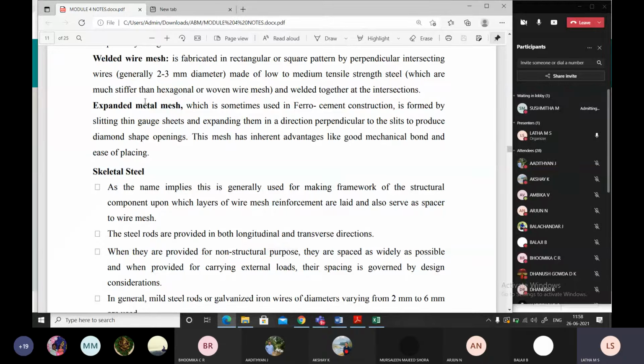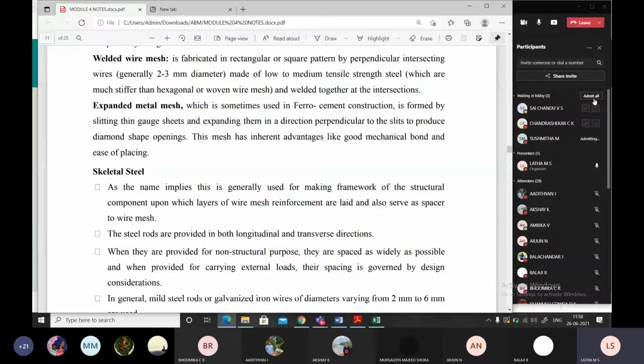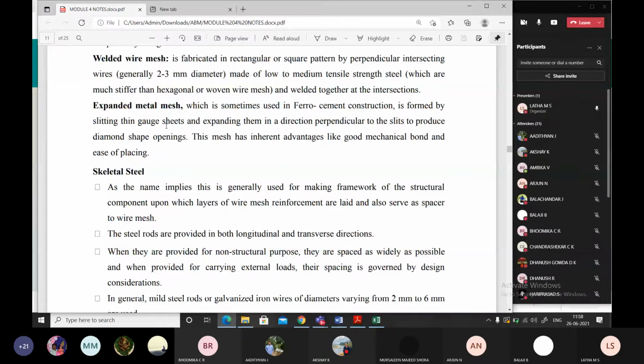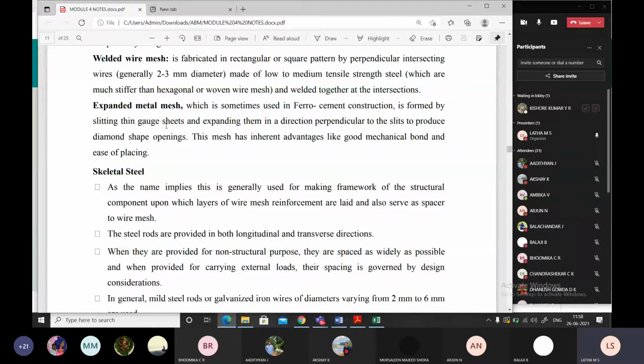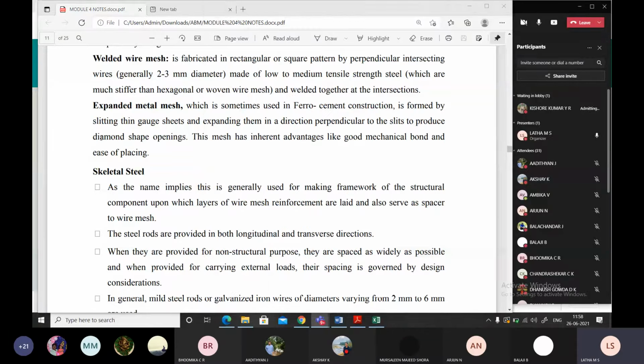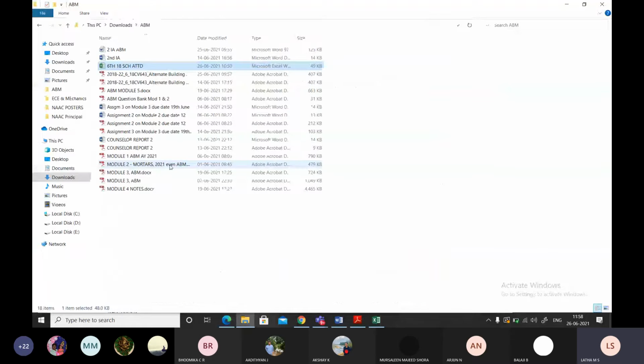What is the second module chapter name? Masonry units. Everything is shared on Teams, students.